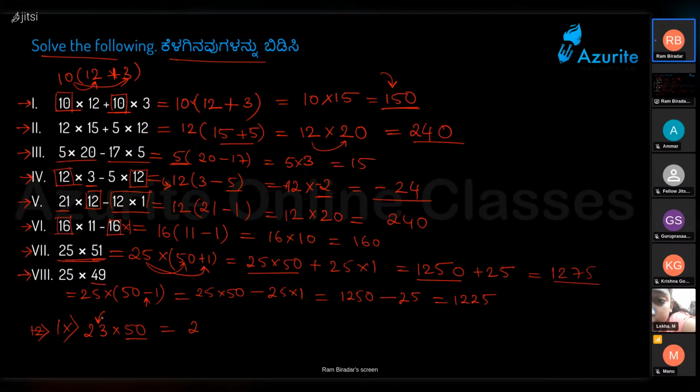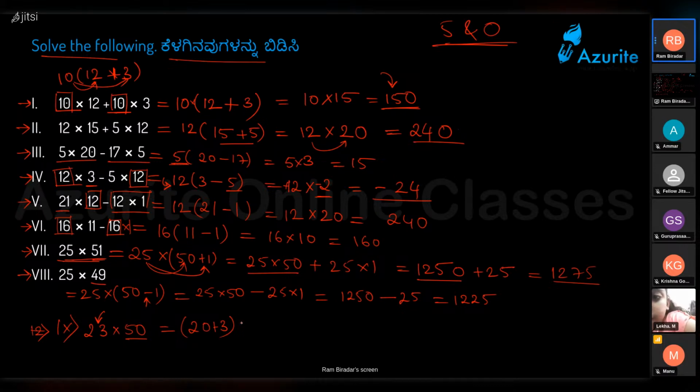So 23 can be written as 22 plus 1, or 20 plus 3, which will be easy to do. Go for zeros or fives, multiply and do the operation, it will be easy. So 3 is there, so it will be easy to go to 20. Okay, 20 plus 3, so it will be 23, right?